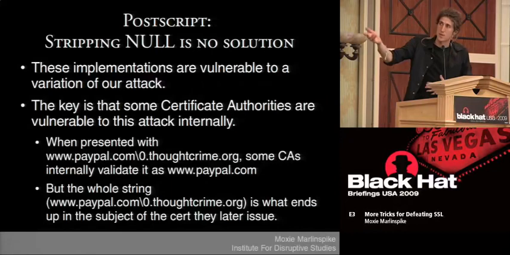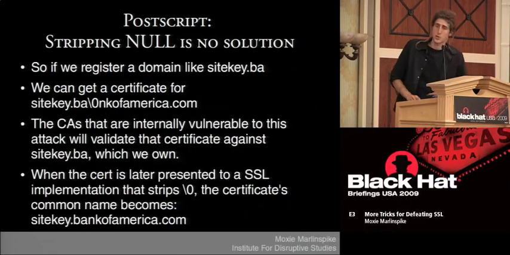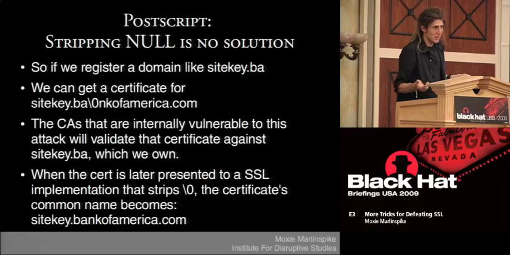Normally this isn't very useful to us, because if we could authenticate for paypal.com, we could just get a certificate that says paypal.com. But there are cool things you could do. You could register a domain like sitekey.ba, and then get a certificate from one of these internally vulnerable certificate authorities for sitekey.ba null character inc.bankofamerica.com.